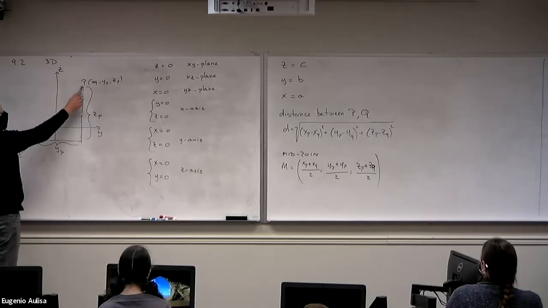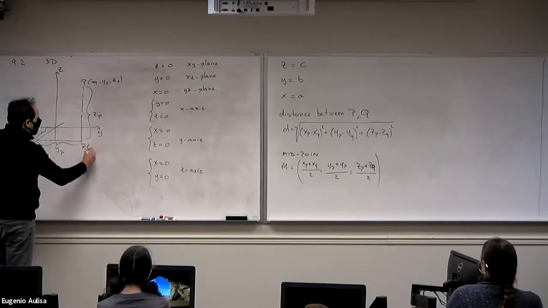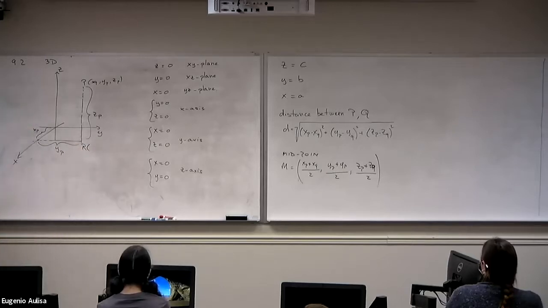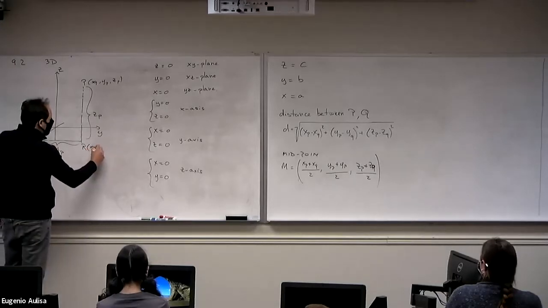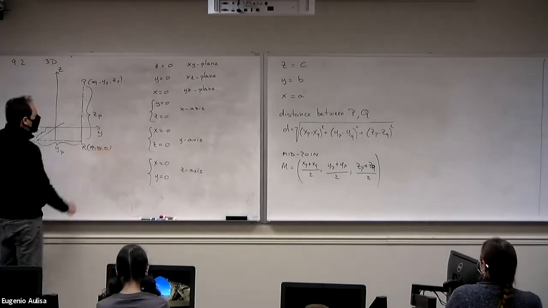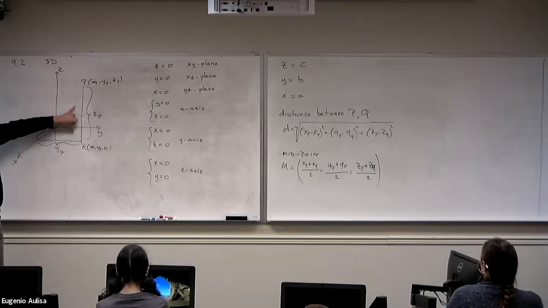So you take P, you project it on the XY plane. What do you think are the coordinates of this projection? What do we lose here when you project on the XY plane? You lose Z, right? So this is going to be the point xP, yP, 0. This distance is exactly zP.